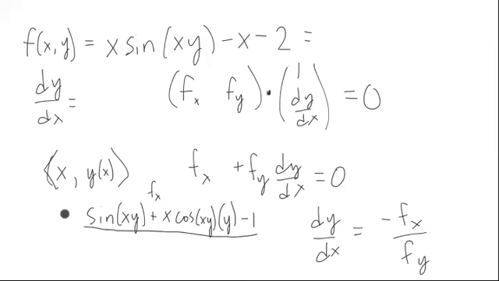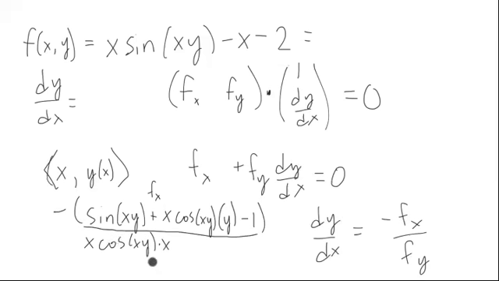Now let's do fy, and then we have a negative of all that. So for fy, this is just a constant, and we have sine of y times a constant. So the derivative is the constant times cosine of xy, but then multiplied by the derivative of xy with respect to y, which is just x if x is a constant, and then the rest is just a constant.